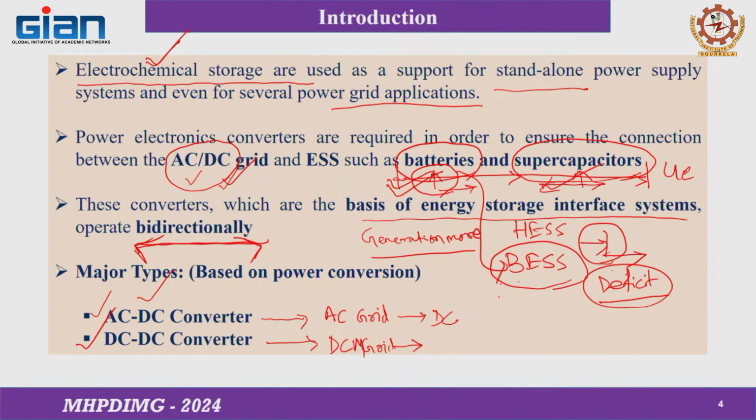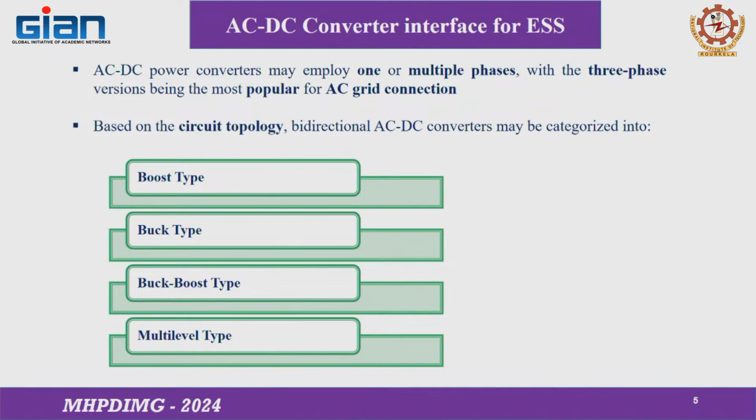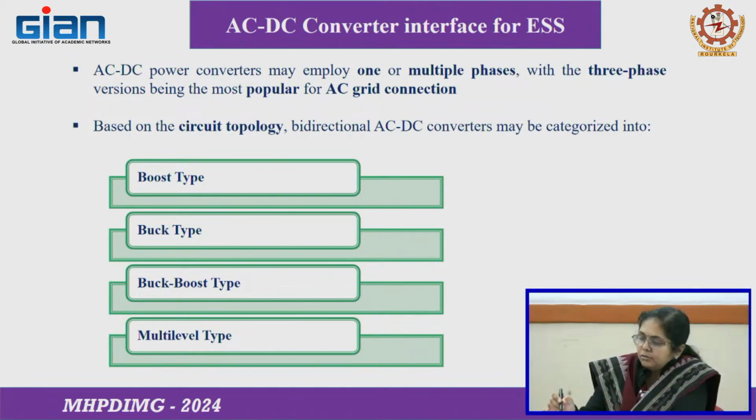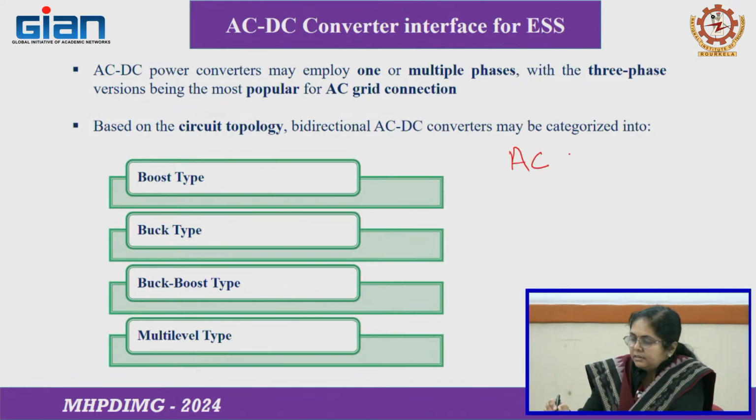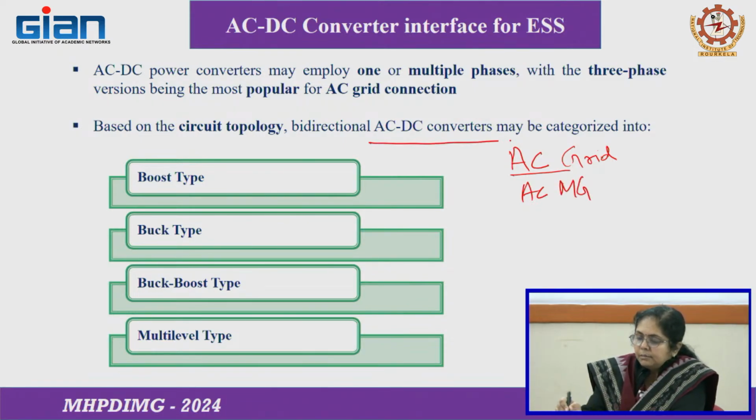We are mainly focusing on microgrid or grid applications, and I will talk about the different types, which may overlap with Professor Sarkar's, but I will show you the names here. When we interface the power electronics converter with an AC grid, AC bus or AC microgrid, we need an AC to DC converter, and the types are broadly boost type, buck type, buck boost type and multi-level type.